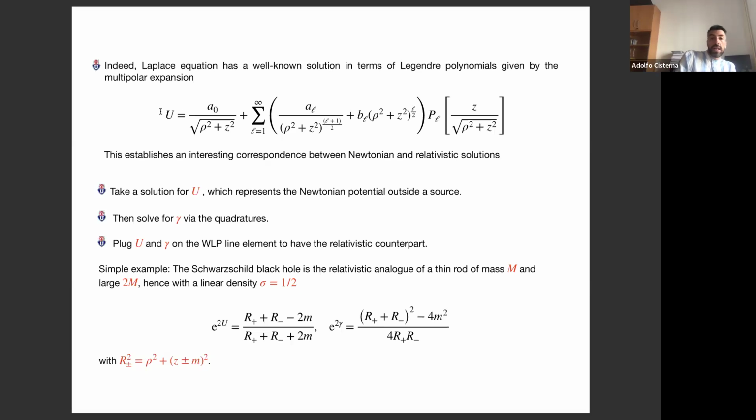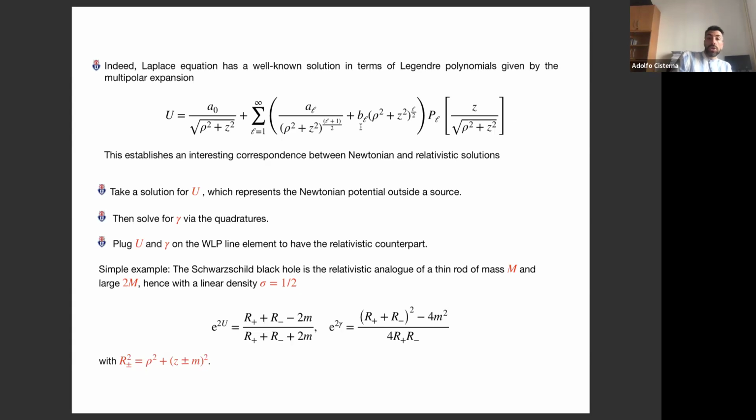So this is how you can expand in multipoles. You can use a multipolar expansion to find u, where L is this parameter here that controls that, and that is the parameter of this Legendre polynomial.